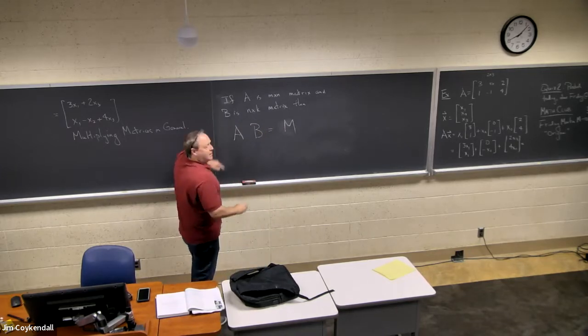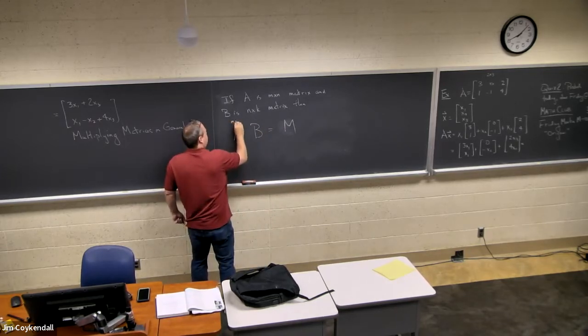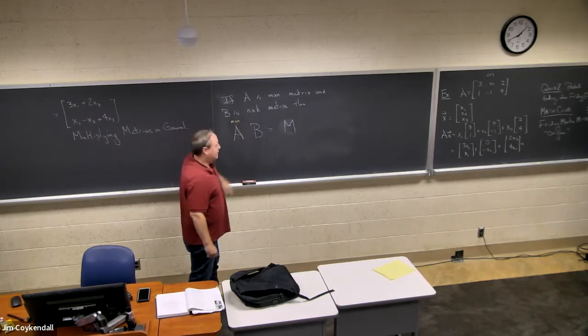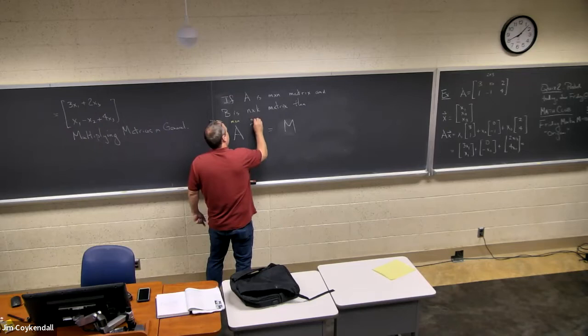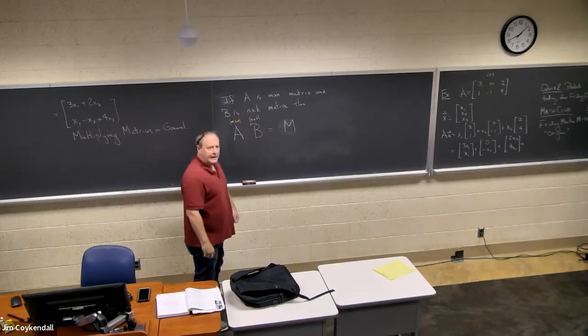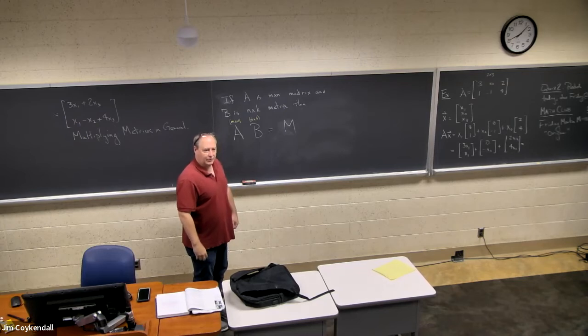Now, this one was m rows and n columns, right? And this one was n by k. Any guesses as to what the size of the resulting matrix is?